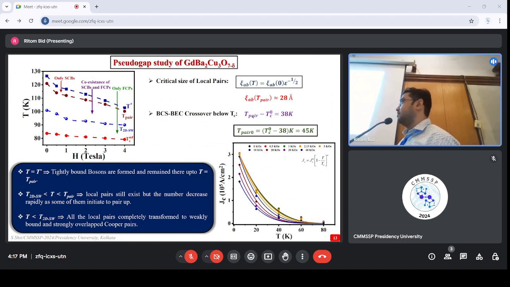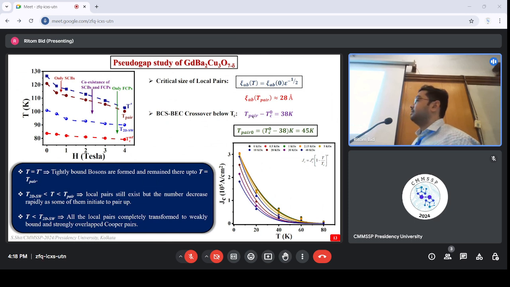And as we decrease the temperature below T2D SW, all the local pairs transform to weakly coupled Cooper pairs. So that is the evolution process of these strongly coupled bosons to the fluctuating Cooper pairs inside the samples.